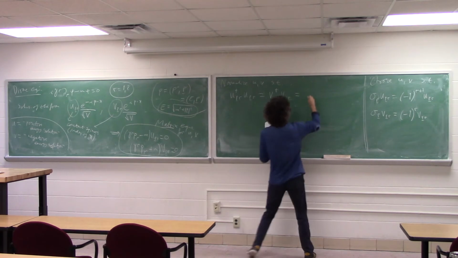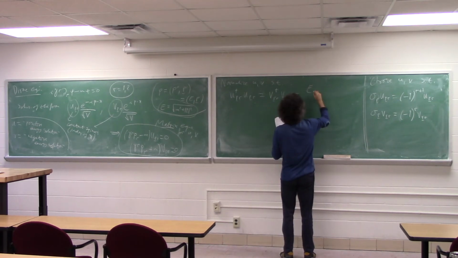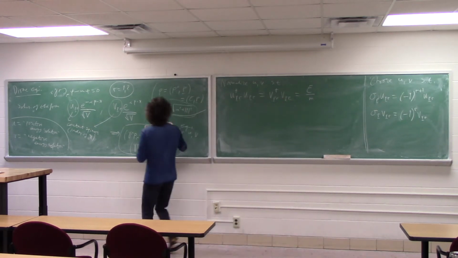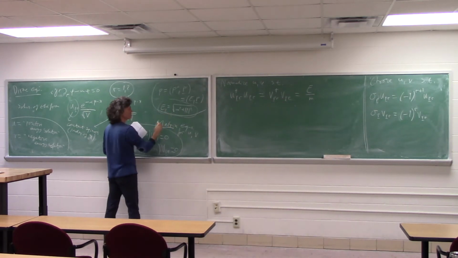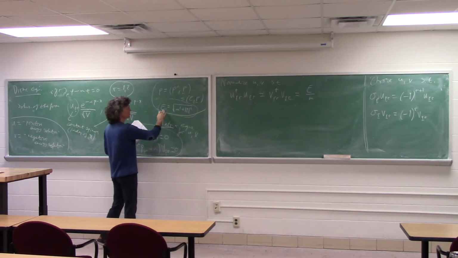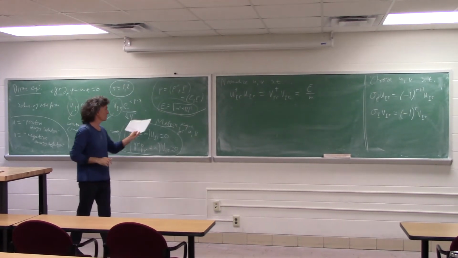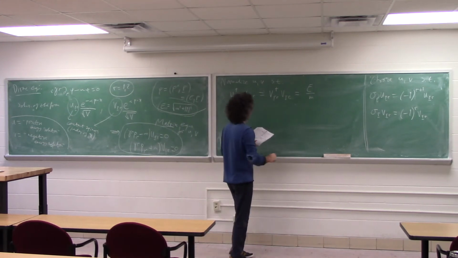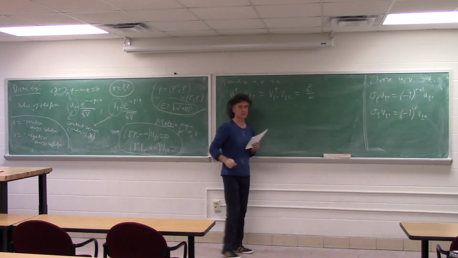You could do that. It turns out it's just conventional to choose it to be E over M. Remember E, so the book puts a subscript p. I usually don't bother. You can use a subscript p if you like. Anyway, E is defined to be the square root of M squared plus mod p squared. The normalization is chosen like this.